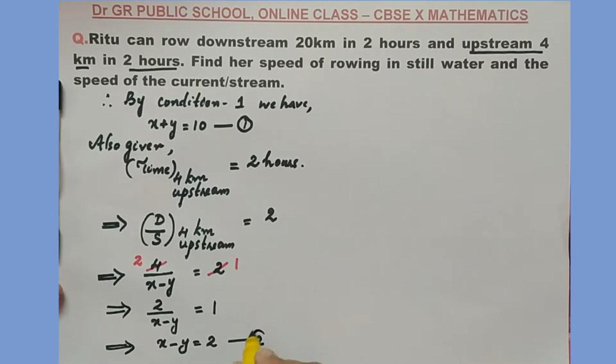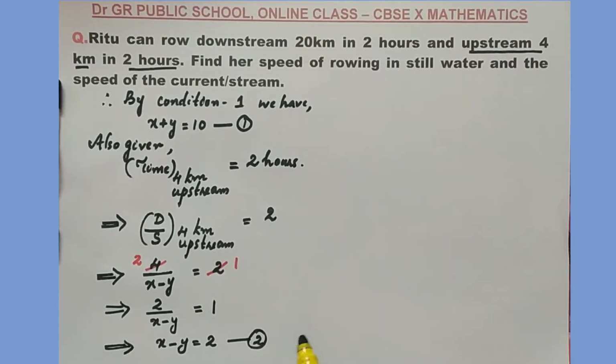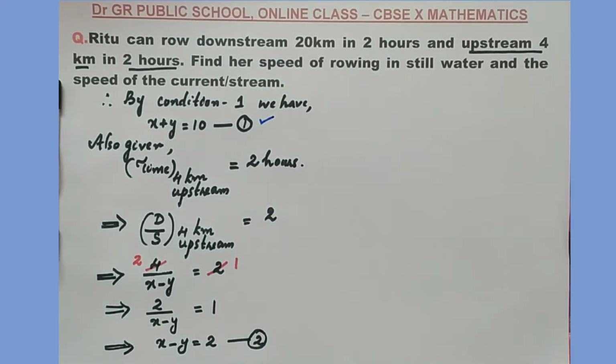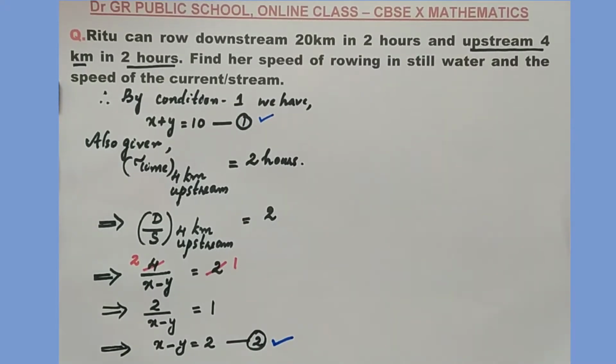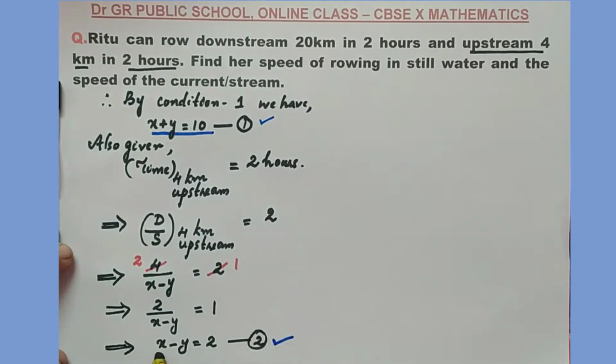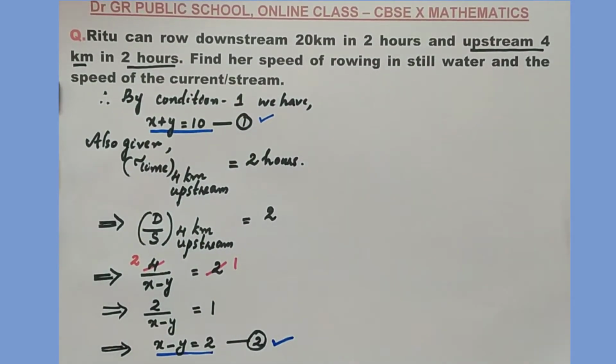This is your equation number 2. Thus, you have 2 equations. Equation 1 is x plus y equal to 10 and equation 2 is x minus y equal to 2.